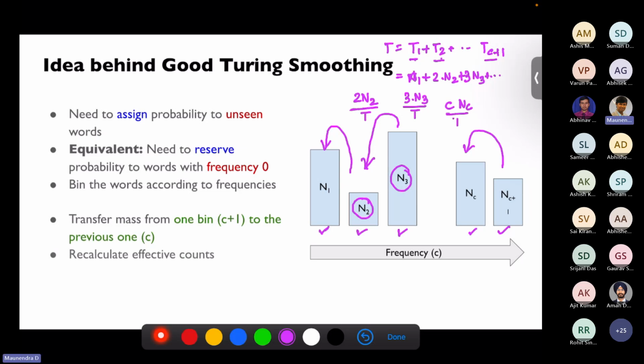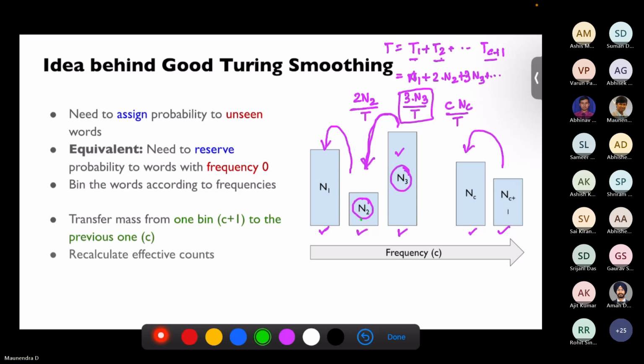Since the denominator remains the same, probability mass and frequency mass, I'm using these interchangeably. So the total mass for this bucket, if it comes here, means this entire probability will be distributed among the words which are here.